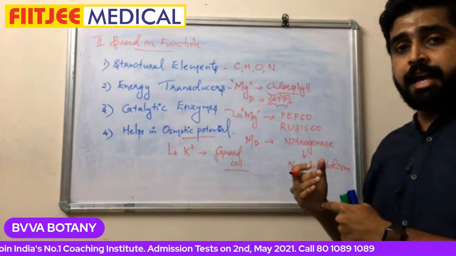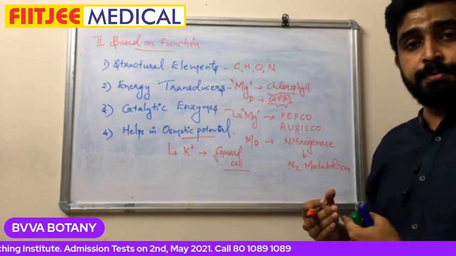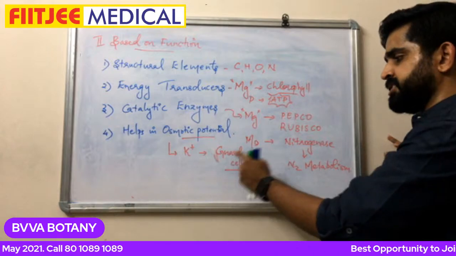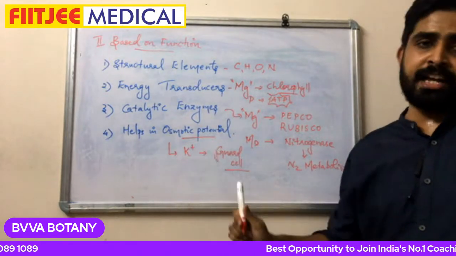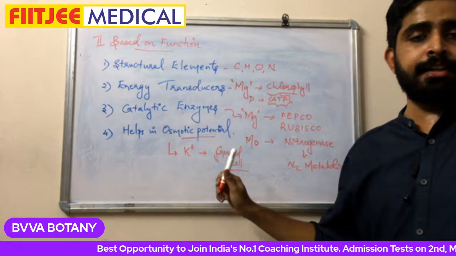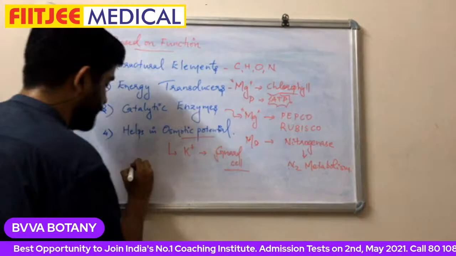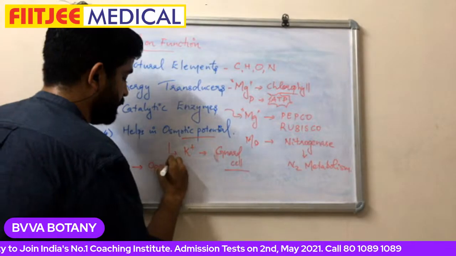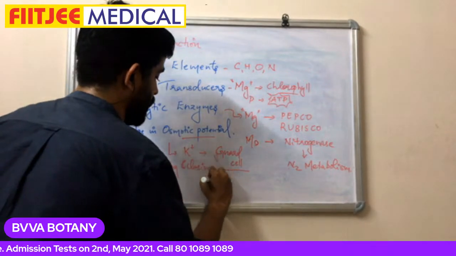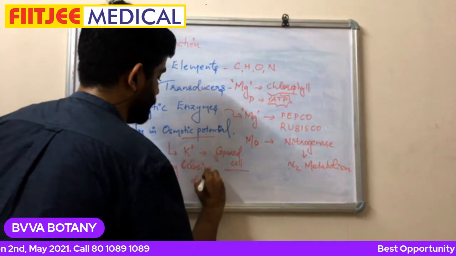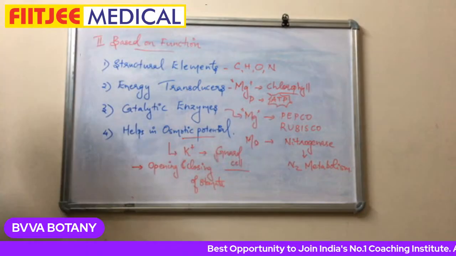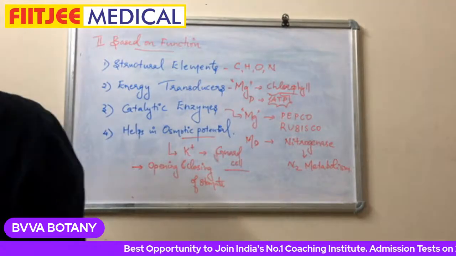So that influx and efflux, the inward and outward movement of water, is maintained by the guard cell with the help of potassium. We will see more details about the opening and closing of stomata in the plants chapter. So just note: potassium, opening and closing of stomata. Clear up to this much?